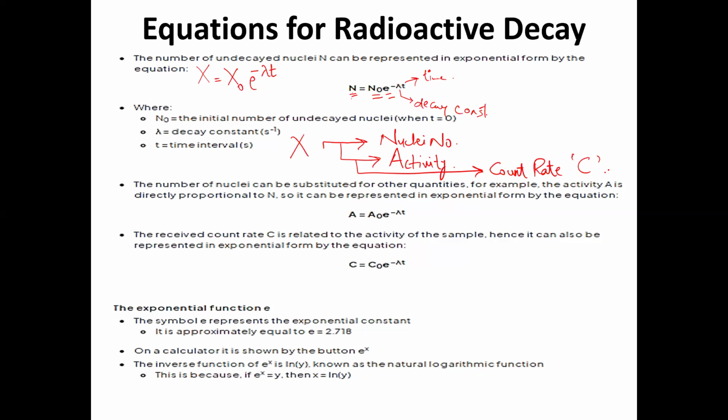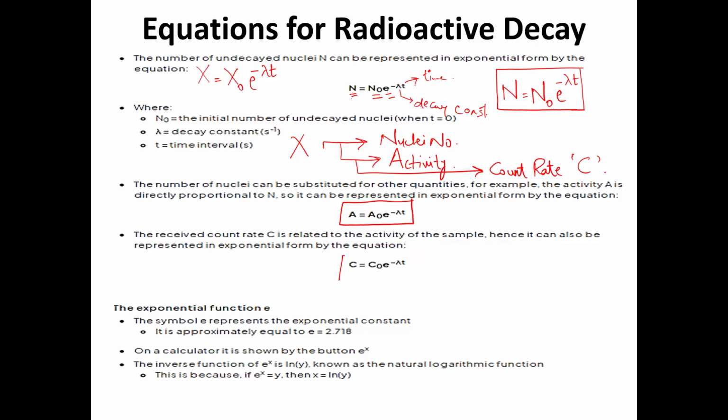The very first equation is shown here, which is written as well. Let me write it again. N equals n naught e power minus decay constant into time. This is one of the equations. The second equation, in terms of activity, is: A equals A naught e power minus lambda t.